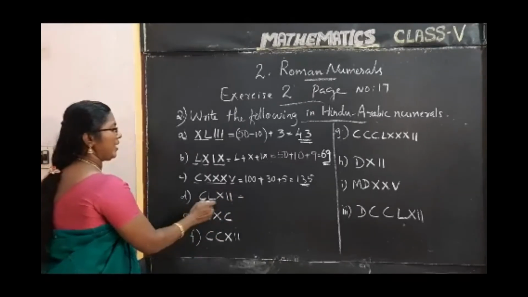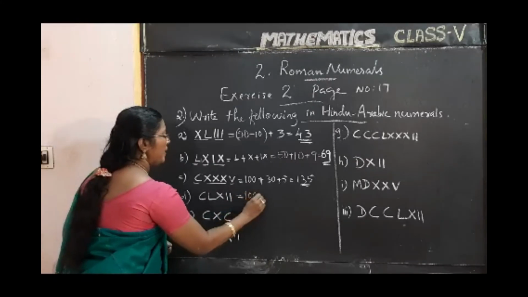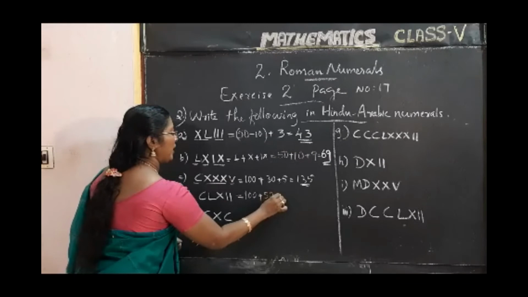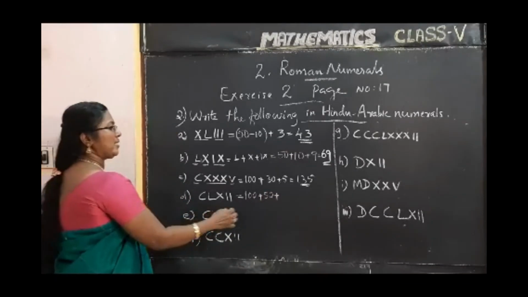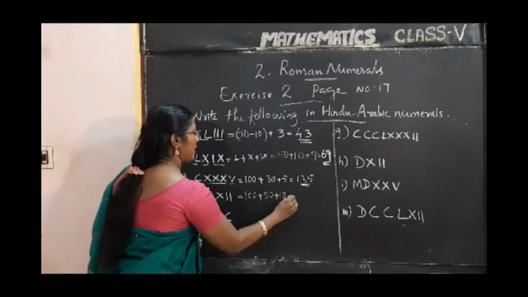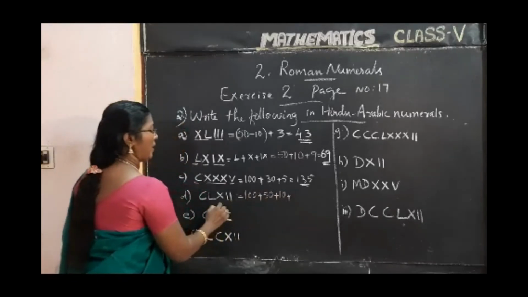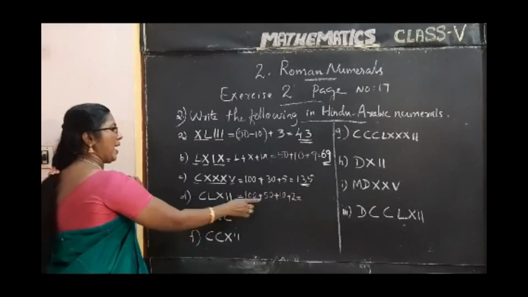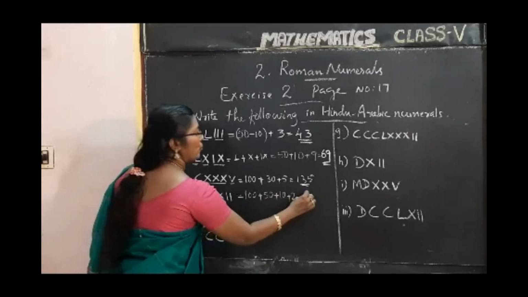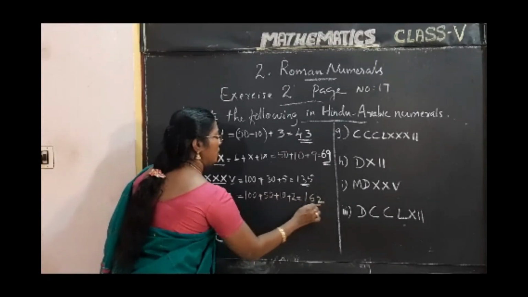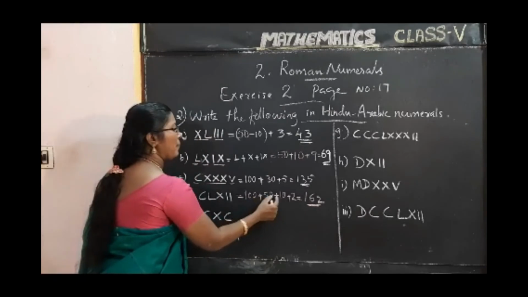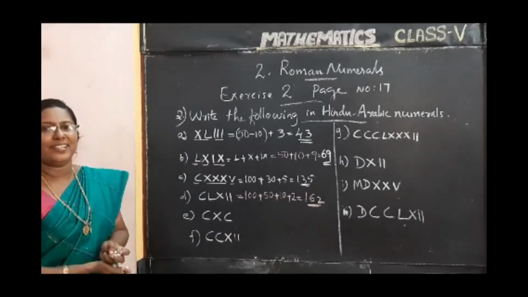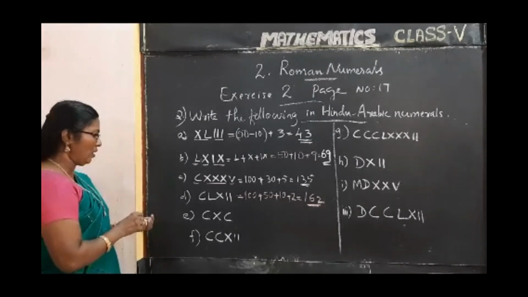C denotes 100 plus L denotes 50 plus X denotes 10 plus II makes 2, equals 162. 100 plus 50 plus 10, 160, plus 2. Clear? Yes.